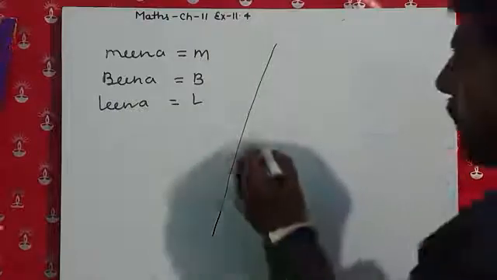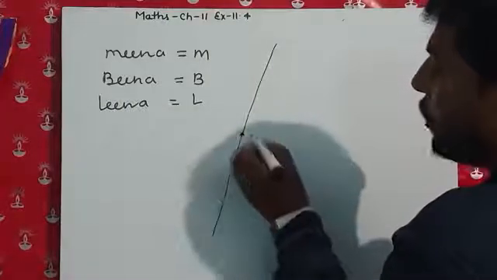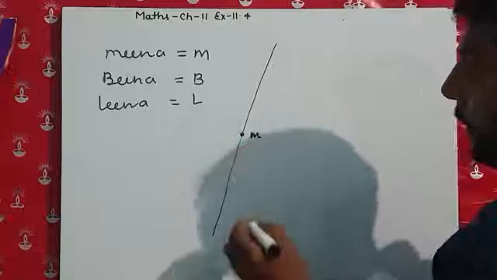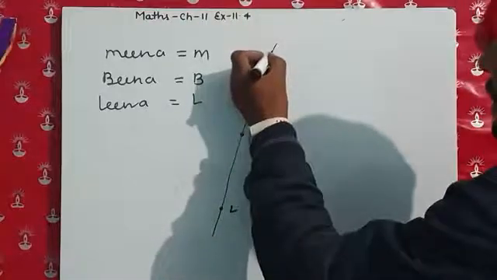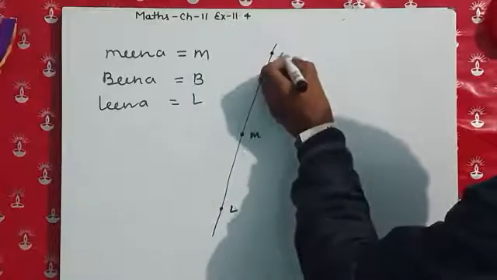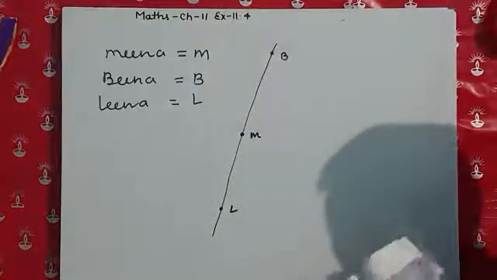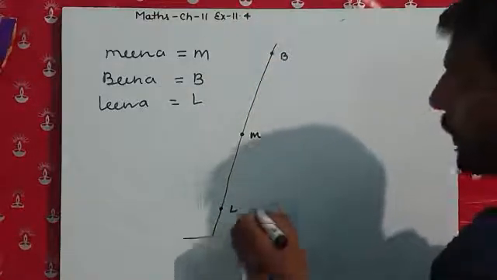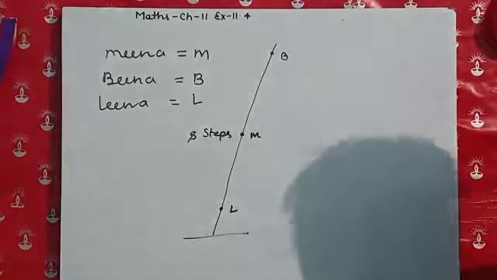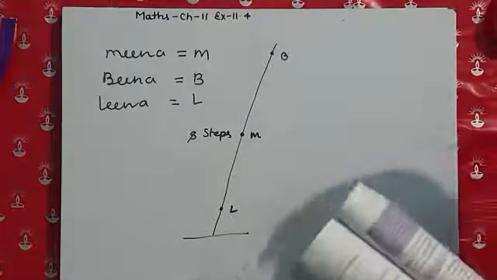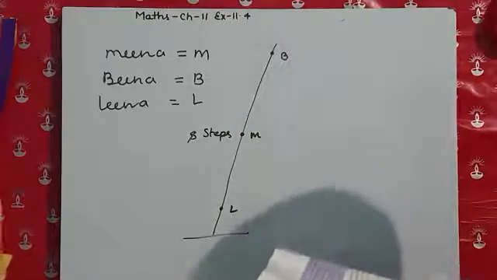That means the position of Meena is in the middle, because Leena is behind, so Leena will be the downside, and Beena is ahead, so Beena will be here. Meena is on the S step from the bottom.